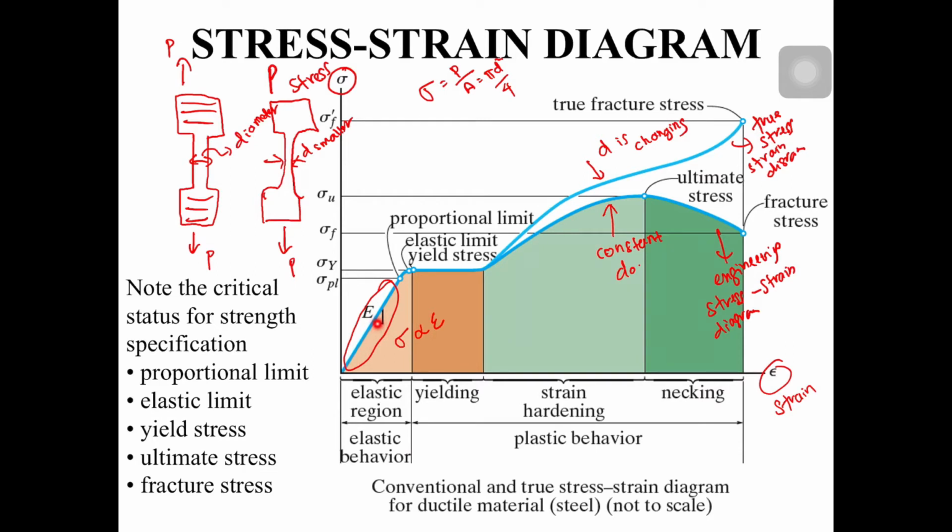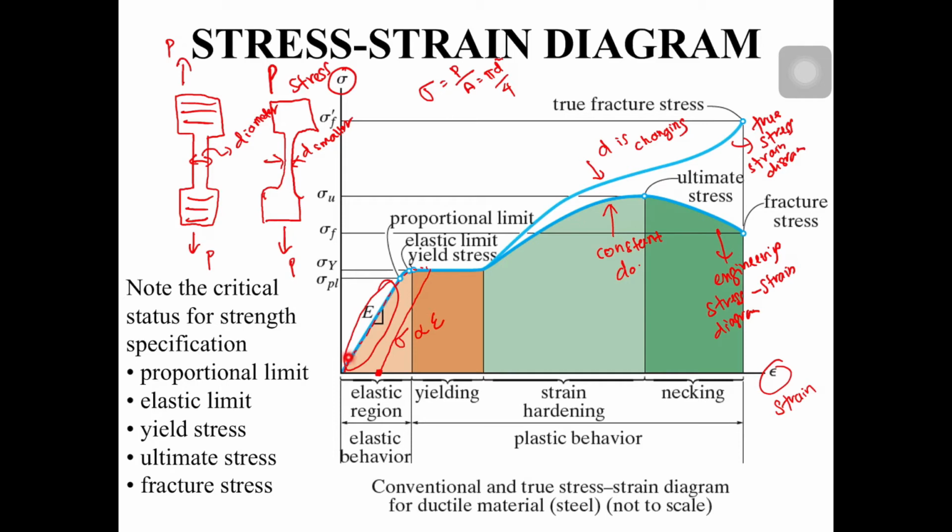If we pull the spring up to this point, it will return to its original length. Alright, if we go further, if we pull the load further, it will go like this. So you have permanent deformation of the specimen. So the specimen no more returns to its original state. Okay, I repeat again.